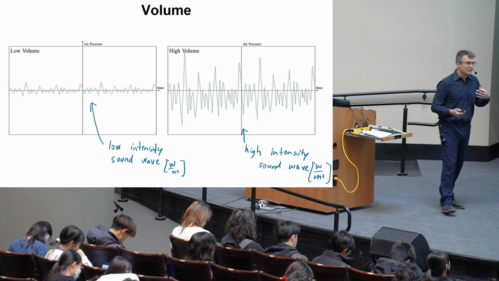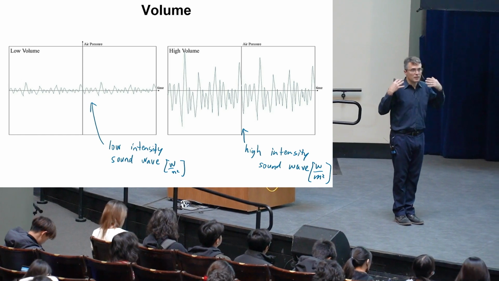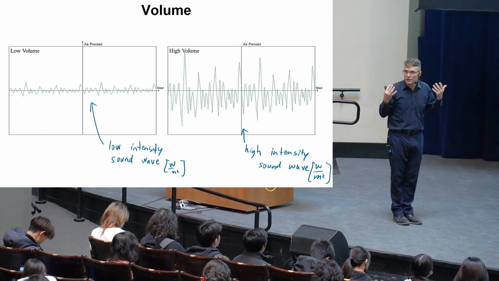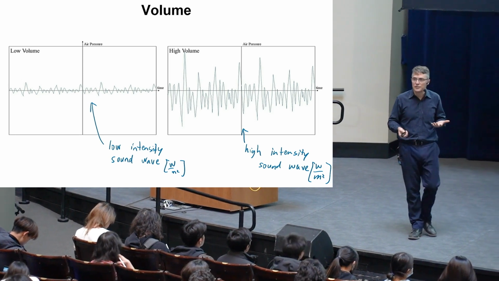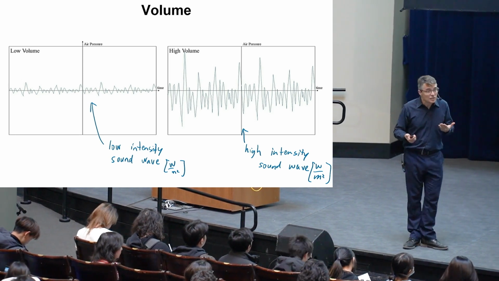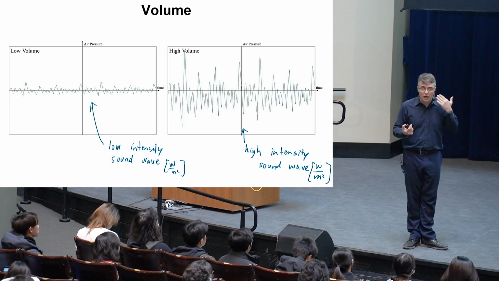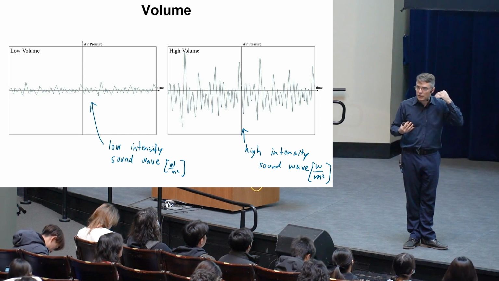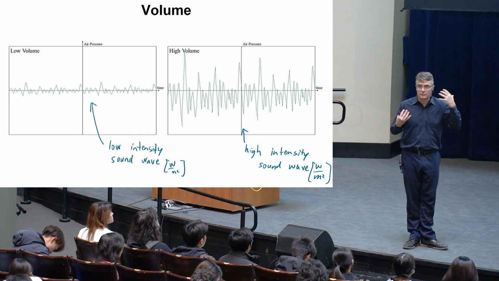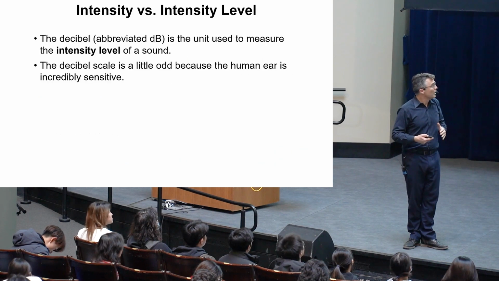And then there's the question of the human impact of these sound waves on your eardrum and whether it can cause hearing damage. And also there's the really interesting fact that our ears have evolved to be able to detect and process a huge range of intensities.